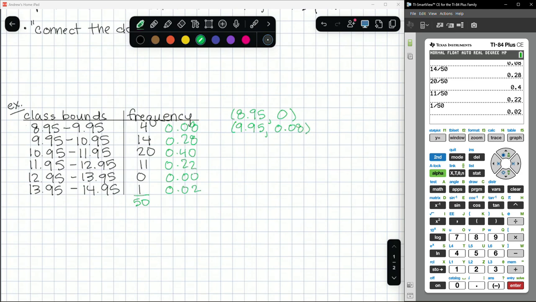As I go, I am going to add. So for this next row, I'm going to add those two, because I don't have 14 people less than 10.95. I have 14 plus 4 that is less than 10.95. So that's 0.28 plus 0.08, which is 0.36. And then I keep going. I'm going to bring over the new and add it to the old.